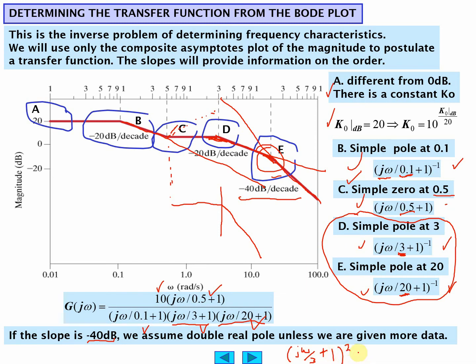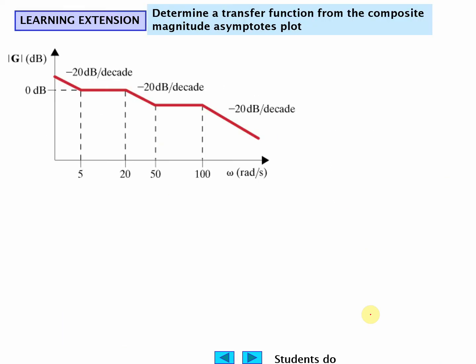So 40 dBs per decade suddenly at one point. This is not sudden. It goes down to 20 and then it goes down to 40. But if it were sudden, you'd have this situation. Okay, your turn.